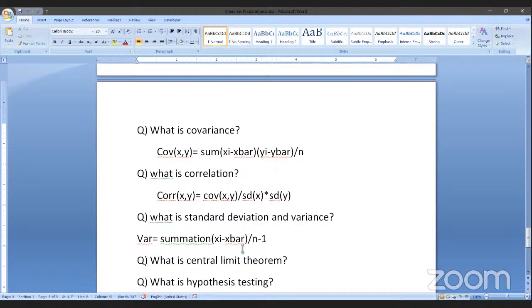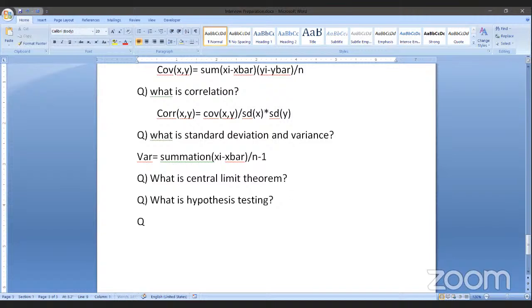Yeah. So let's see. Next question. Steps in hypothesis testing. So basically, what are the steps in hypothesis testing? Okay, so I will say this.